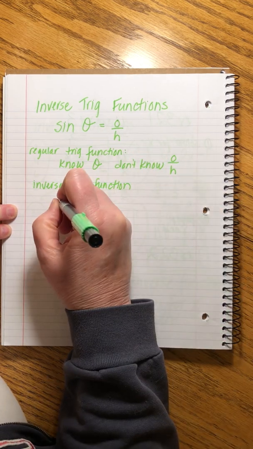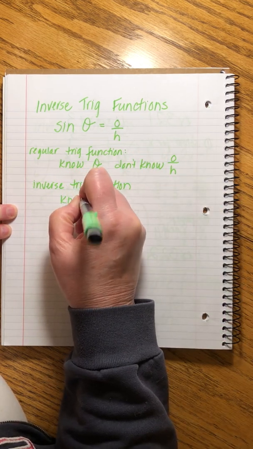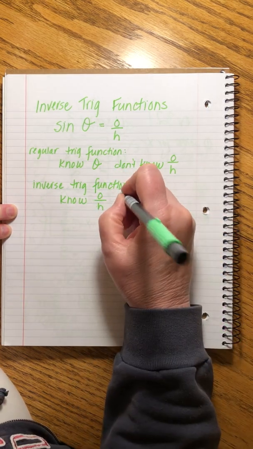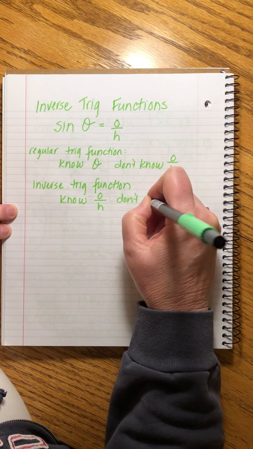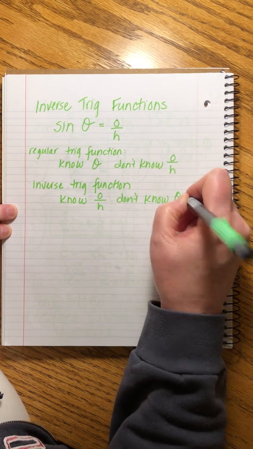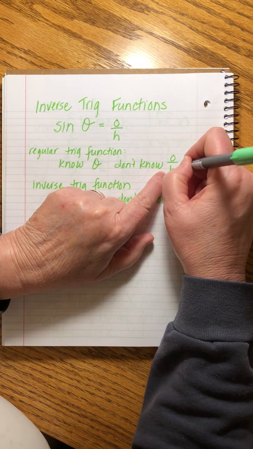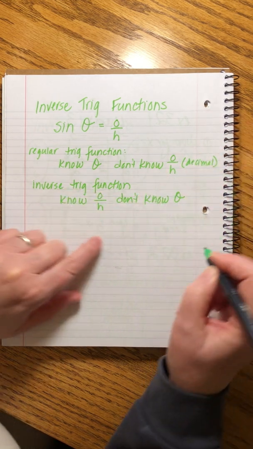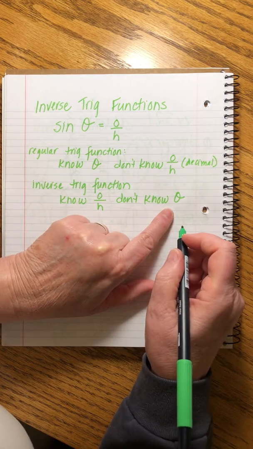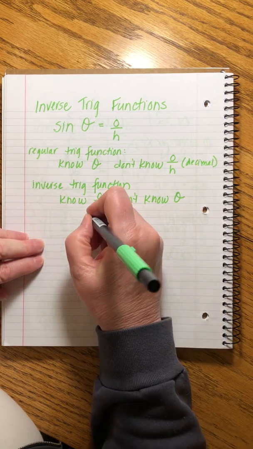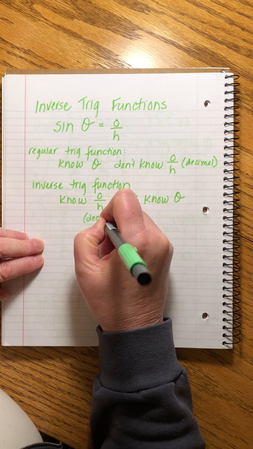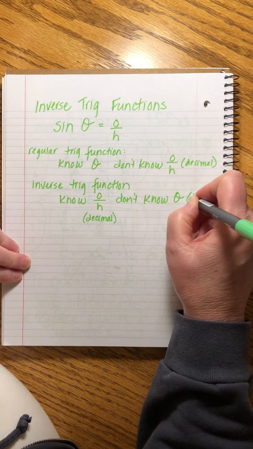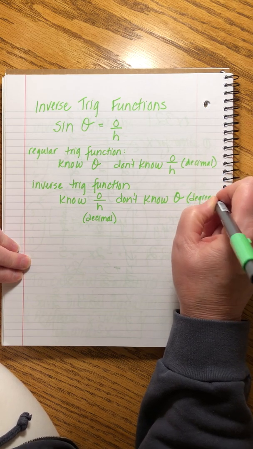In this one, we do know that fraction, but we don't know the angle. Okay? Sometimes this is in a decimal form. So I just want to point that out to you. And theta is always equal to the degrees of the angle.